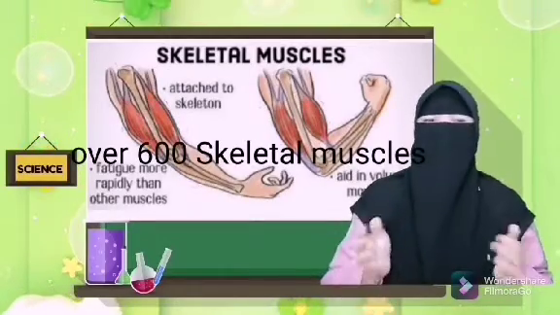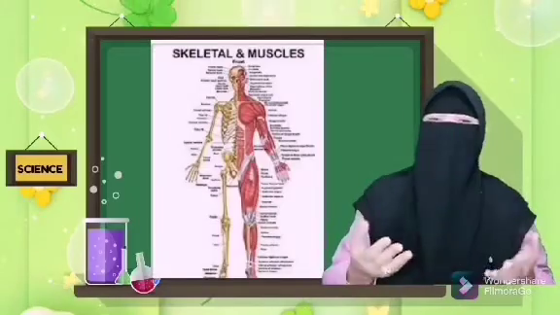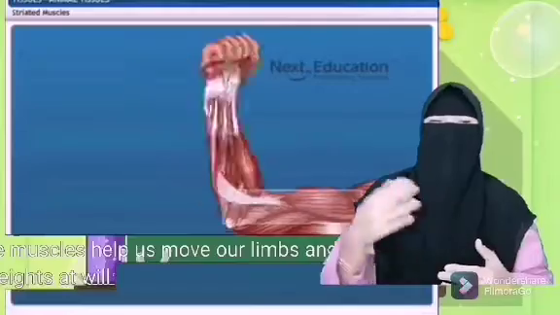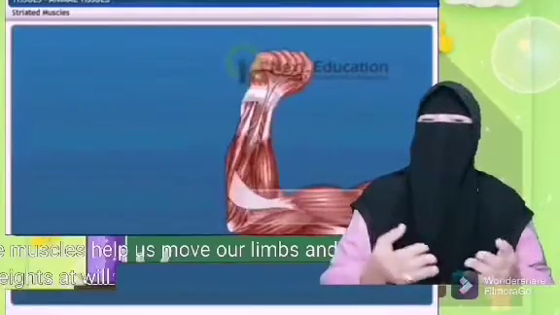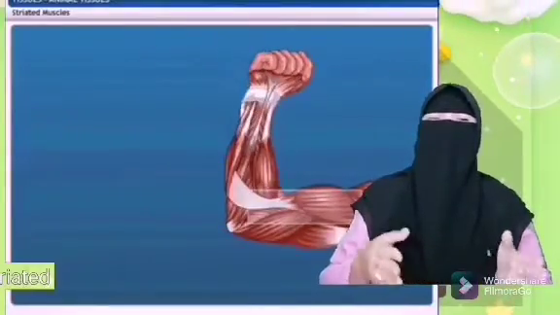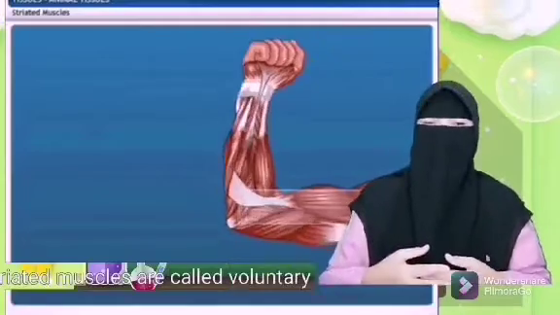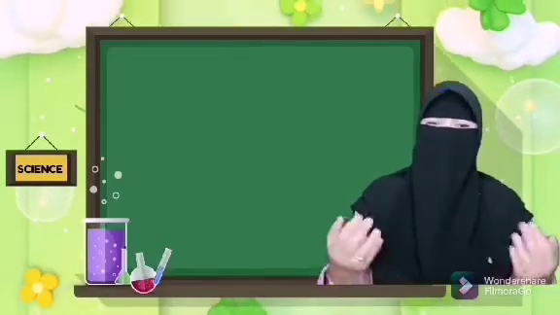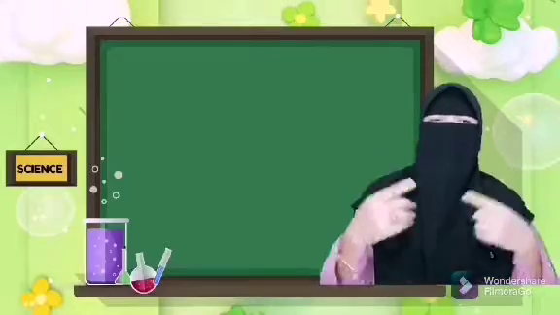And do you know that the human body has over 600 skeletal muscles that move bones and other structures? Skeletal muscles attach to and move bones by contracting and relaxing in response to voluntary messages from the nervous system.